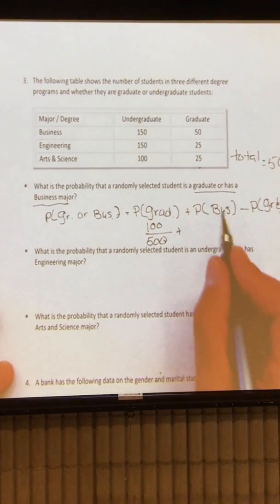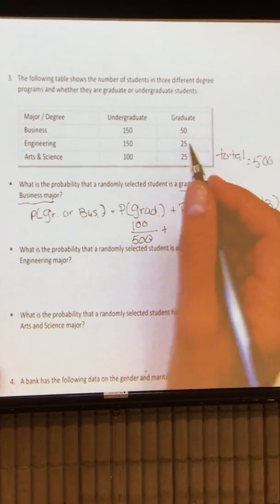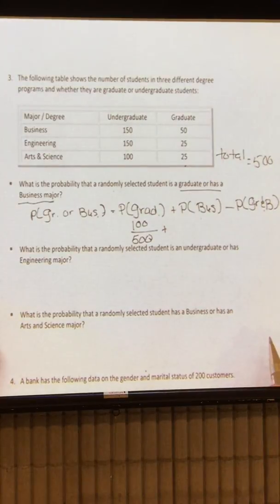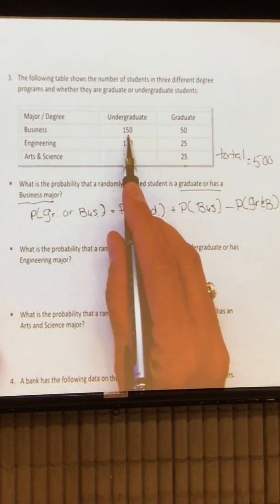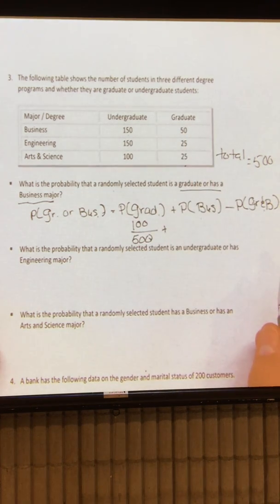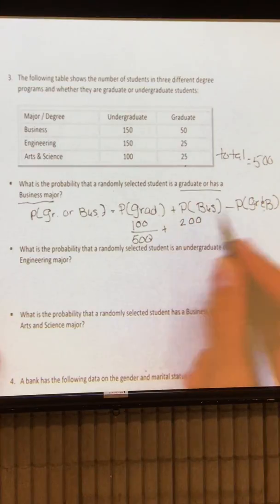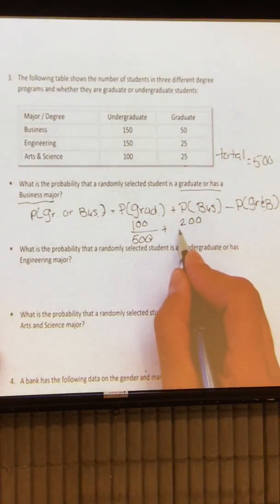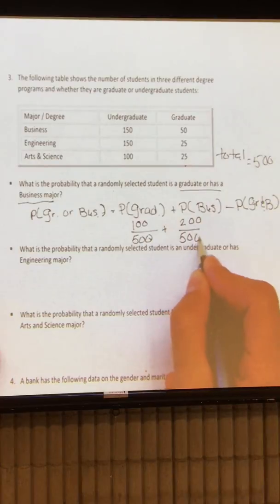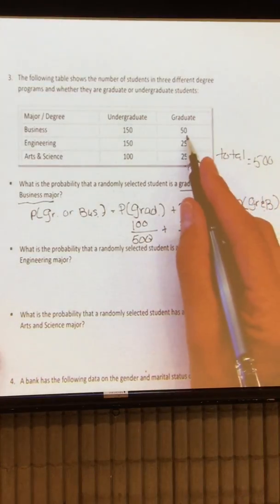The probability of business: you have business majors, which is 150 plus 50, which is 200 over 500, minus the probability of graduate and business.